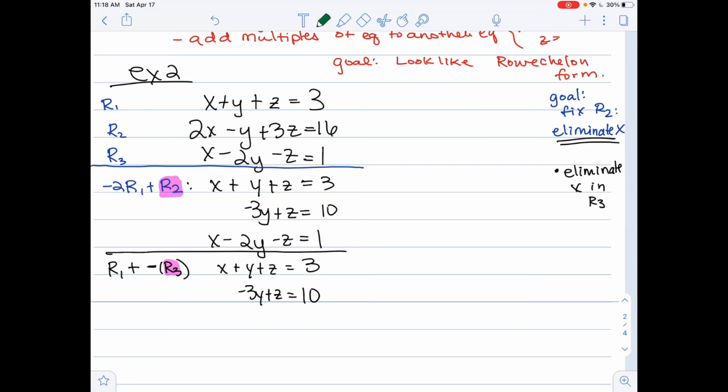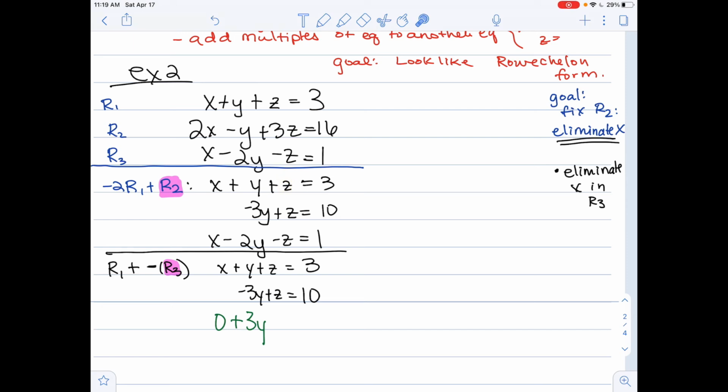So here we go. Row 1, which is x, plus a negative row 3, which is negative x. So that's going to give me a 0x. And now we've got row 1 plus a negative row 3. So a negative negative 2 is a positive 2. So we've got 1y plus 2y gives me 3y.